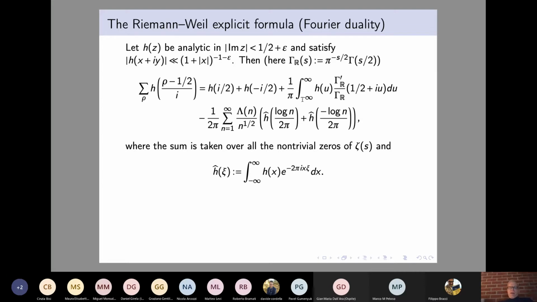Well, when you write it in this symmetric way, you get an integral of your function against the logarithmic derivative of the gamma factor, which is what you have here. And then you get a sum over prime powers again. Lambda of n is supported on the prime powers. Again, you should think of this as a sum over the primes. So this is the duality between the primes and the zeta zeros expressed as a Fourier duality relation.